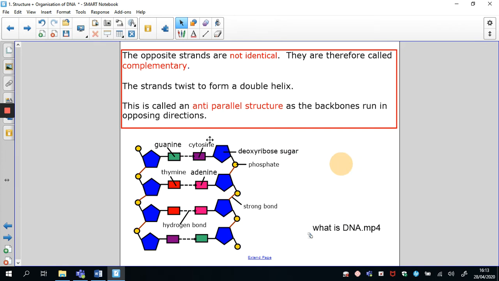We can see that our two strands aren't identical, they are complementary. And there's another term that refers to it, which is being an anti-parallel structure. Anti-parallel because although they look like parallel lines, one is running in the complete opposite direction. Right, we're going to watch a wee clip to give you a break from my voice.